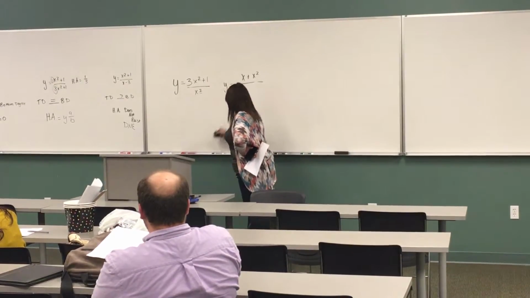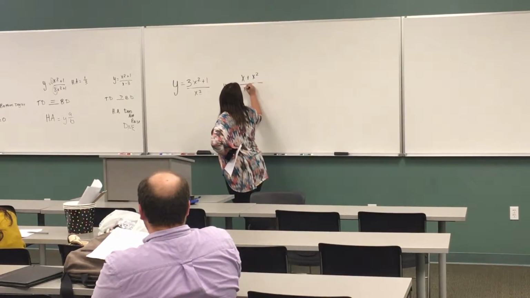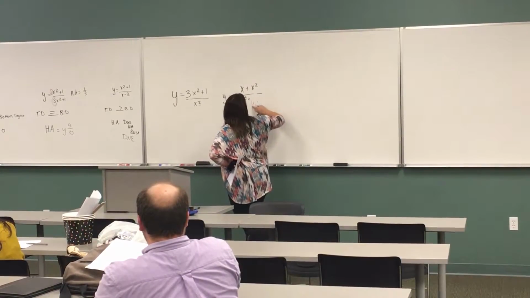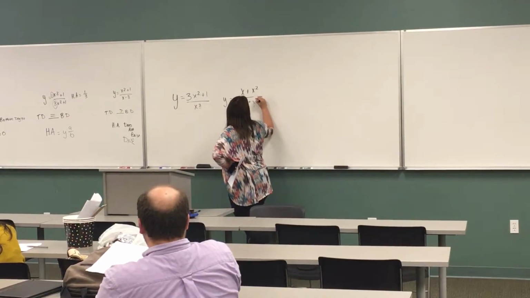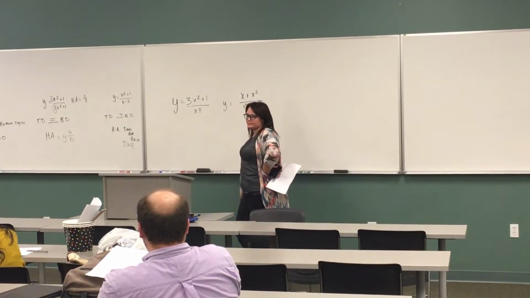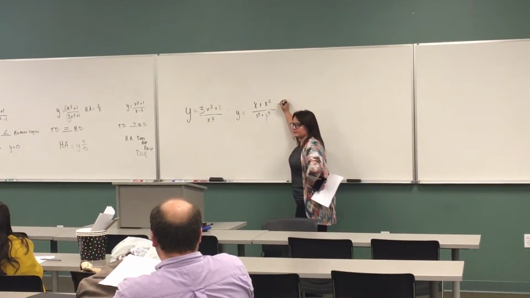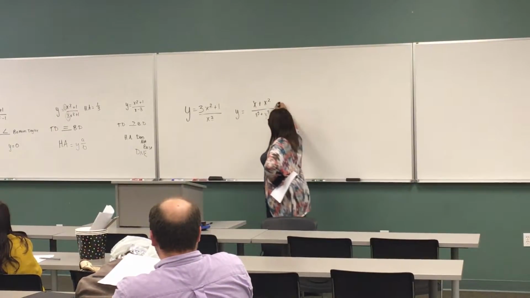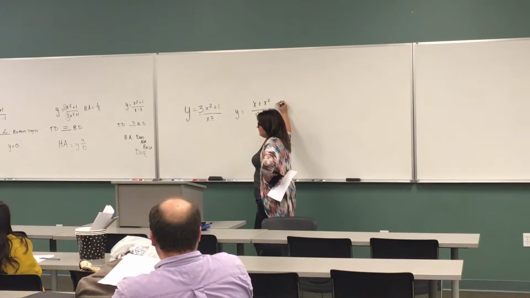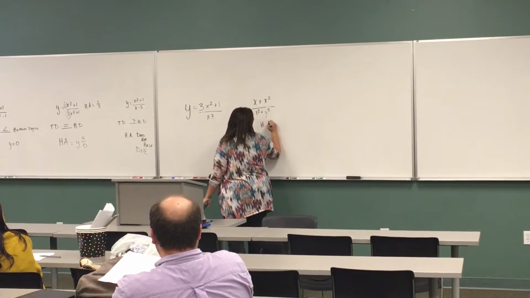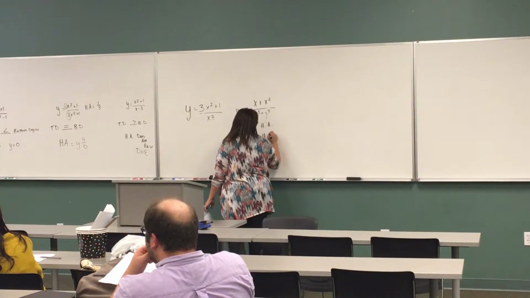If it was x squared over x to the 3rd, then what would it be? Which one's bigger? The bottom degree is bigger than the top degree, so it's zero. Yeah, awesome. So the horizontal asymptote would be y equals 0.